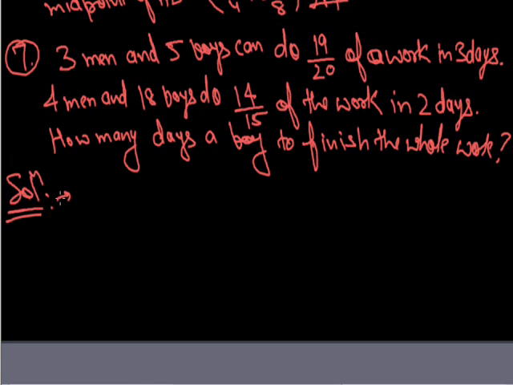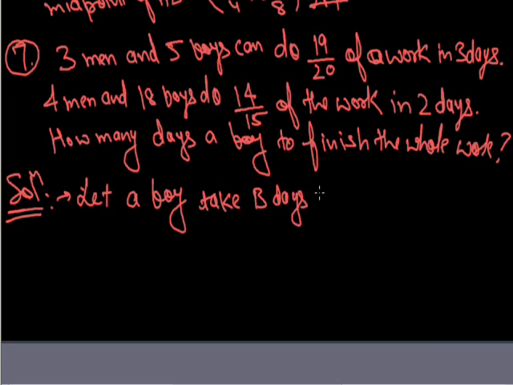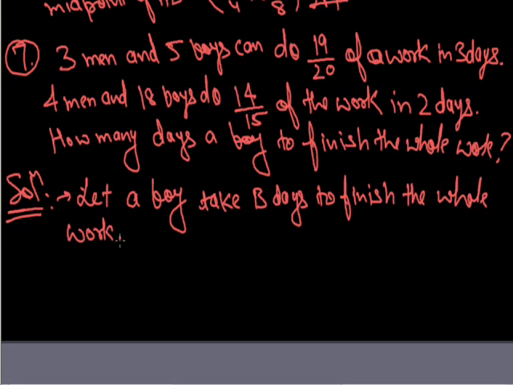To solve the above question, let us suppose a boy takes B days to finish the whole work, while a man completes the whole work in M days.